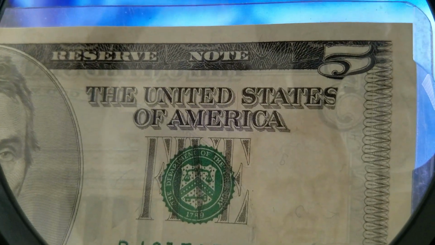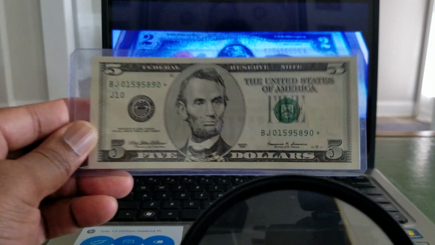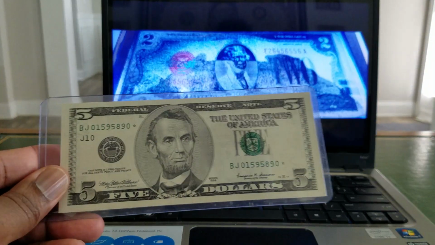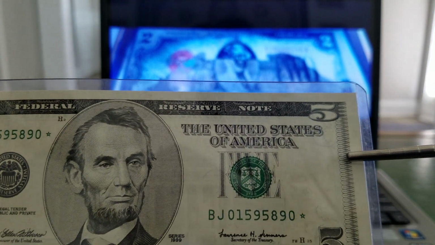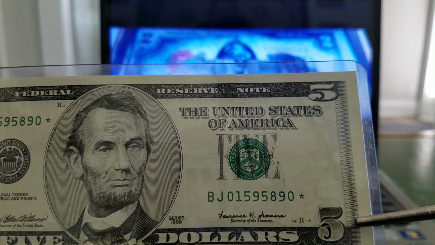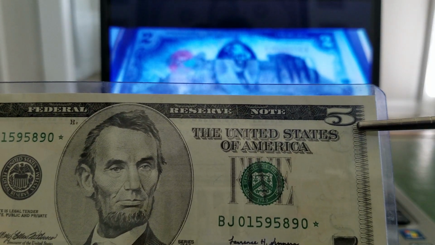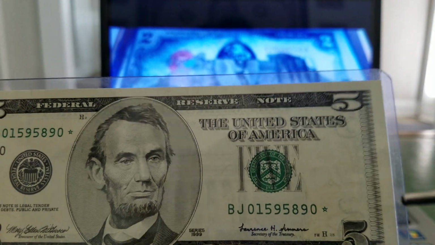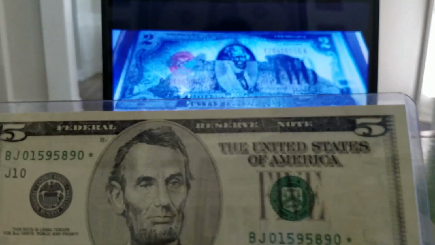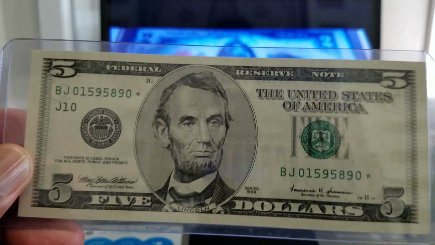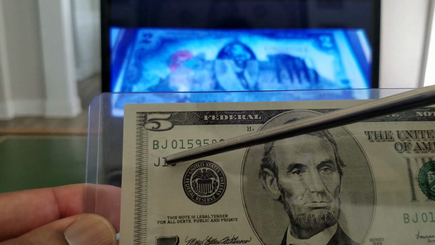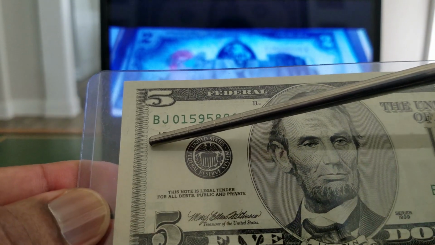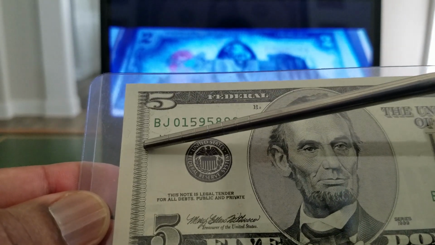You can see it a little bit, not very good, but if you have this note and you got a magnifying glass, you will see that in each one of those little circle angular designs, the word $5 is in every last one of them. And that is a security feature that they call microprinting. That is bananas, honestly. I had no idea until I looked up some information about this note. That's just how much of a fan I am about paper currency. It says $5 all the way in.